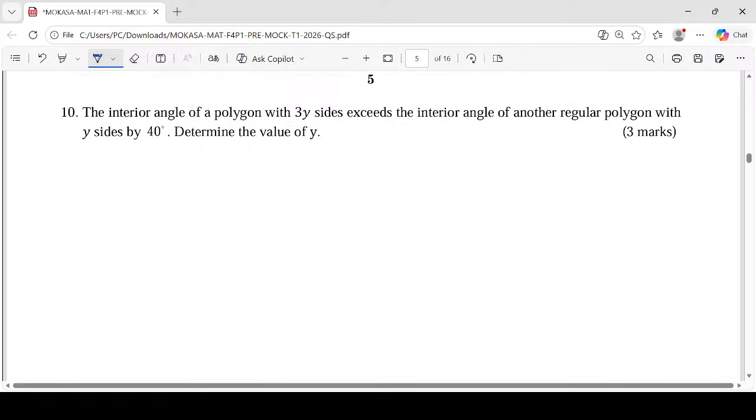So let's get the exterior angle for the polygon with 3y sides. Let's compute the exterior angle of the 3y-sided polygon.